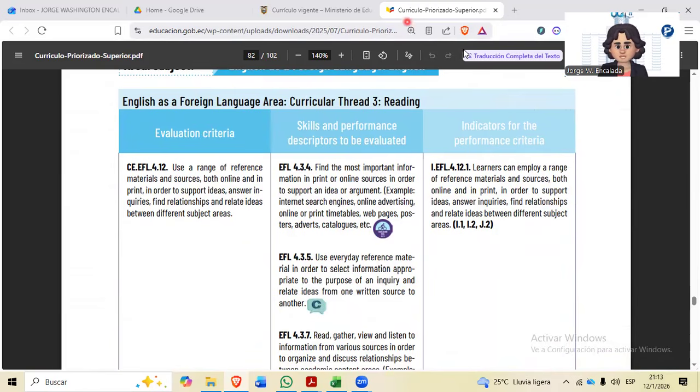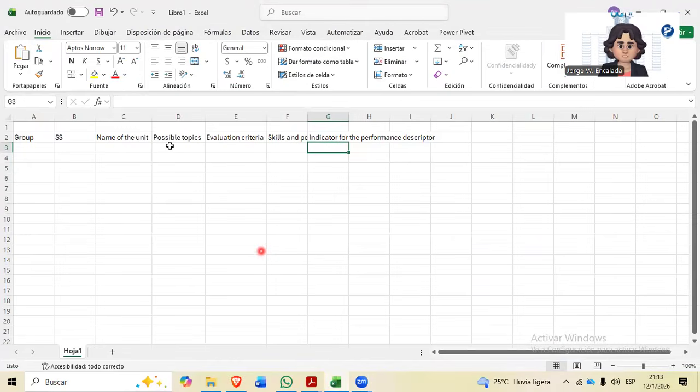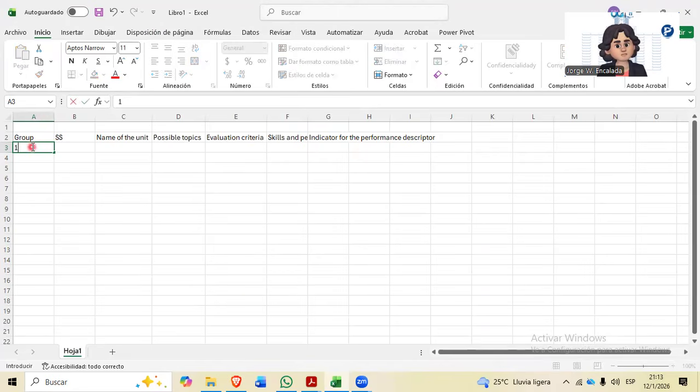Now, the main idea, as I told you, of this activity is for you to be able to fill out this little template around here. So here you are going to put the number of your group. Here you are going to put the names of the students.